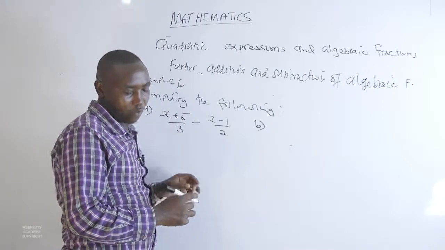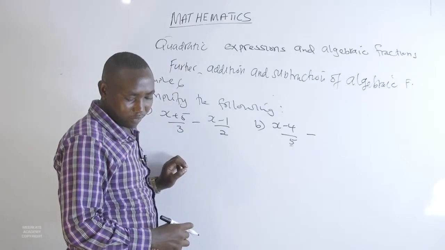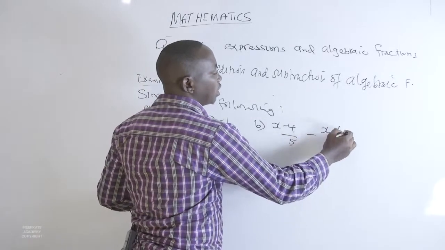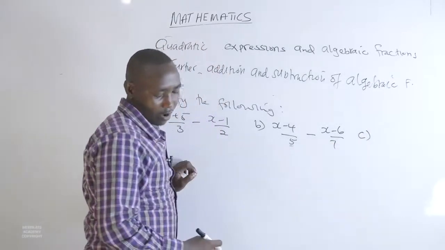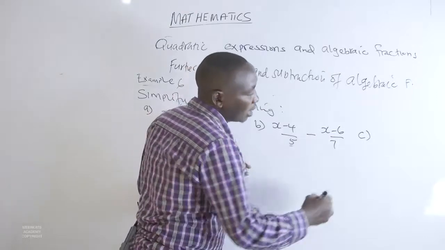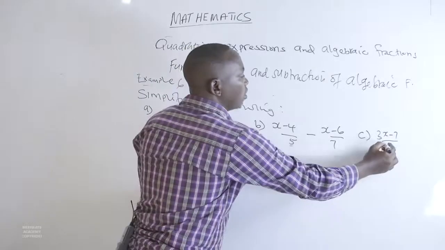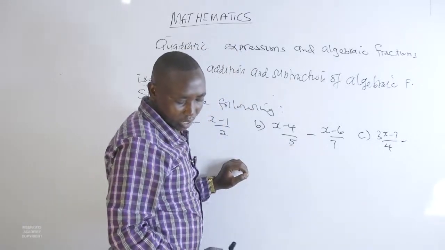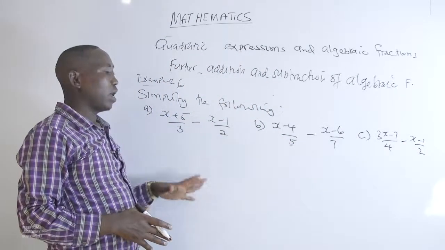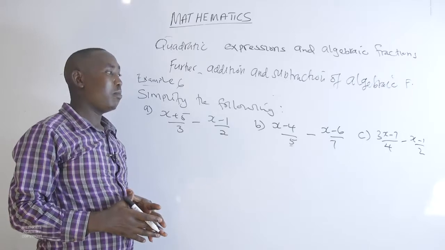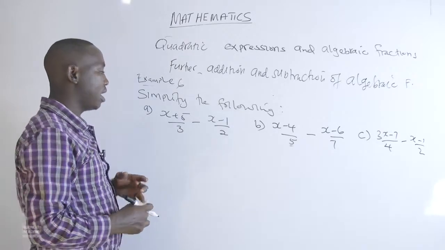B, we have x minus 4, all of it divided by 5, subtract x minus 6, all of it over 7, and finally C, we have 3x minus 7, all of it divided by 4, subtract x minus 1, all over 2. We now want to solve these 3 problems or simplify them by further addition and subtraction.